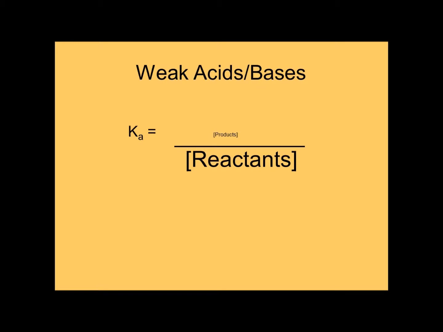Weak acids and bases are very reactant favored. If they're not on the list of strongs, then they are weak acids and weak bases. With the weak acids, they do not fully dissociate. They have different dissociation capabilities, and the size of K determines the strength of the weak acid or weak base.